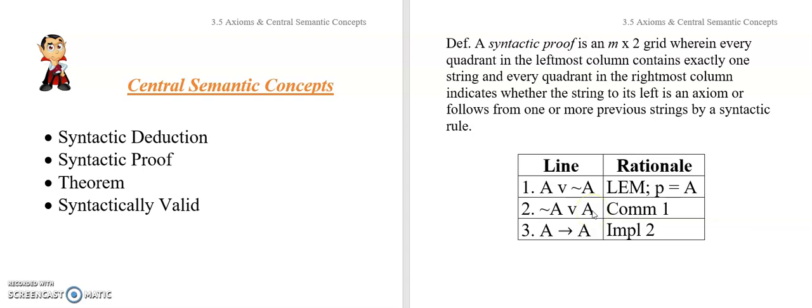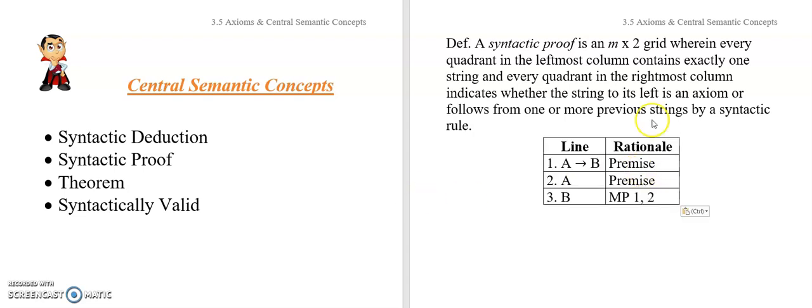So as you might have caught then, every syntactic proof is a syntactic deduction, but not vice versa. So, for example, let's pull up the other one again. This here is a syntactic proof, okay? It's also a syntactic deduction, okay?